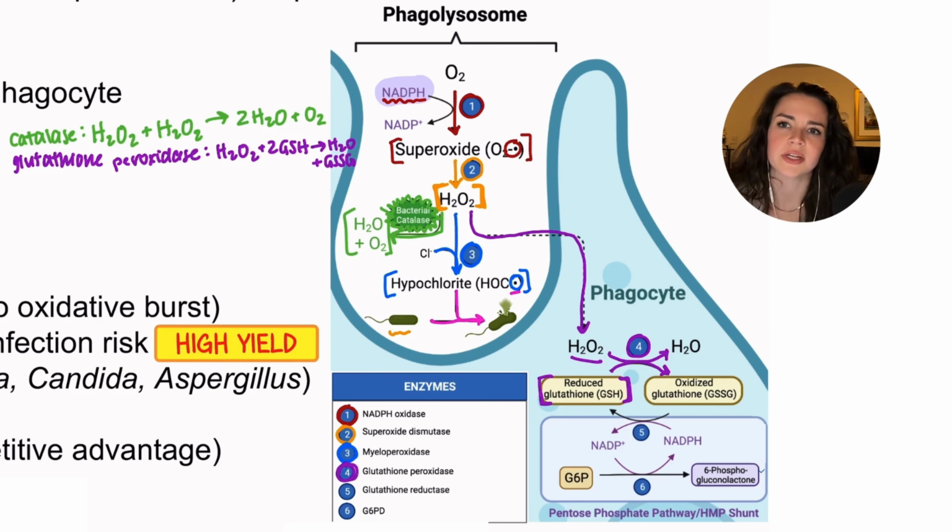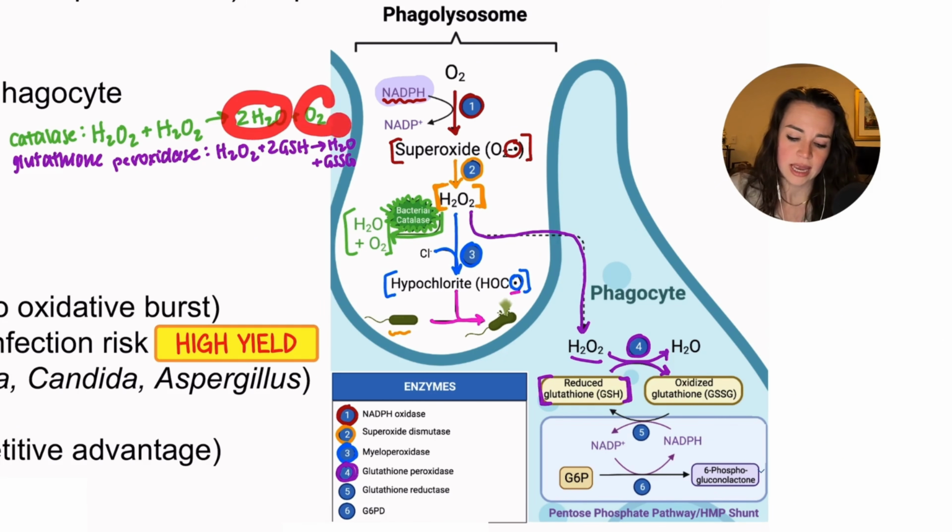So when I was first learning this content, I did not understand the difference between catalase and peroxidase. Both of them are taking peroxide and turning them into something harmless. Broadly, the difference between a catalase and a peroxidase is that catalase is going to use 2 peroxides, and it's going to just sort of shuffle the oxygens around and form water and O2.